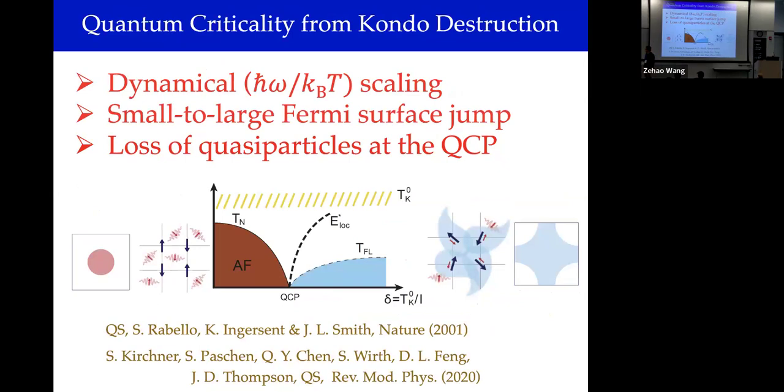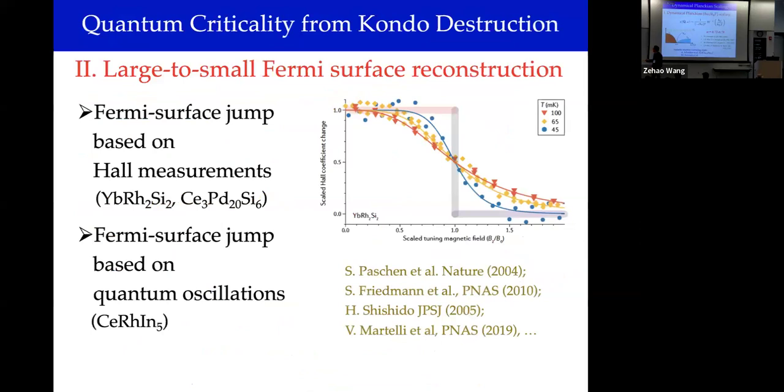In other words, as I said yesterday, if you have a Kondo singlet in the ground state, you have a large Fermi surface. But if the Kondo singlet is destroyed, the Fermi surface becomes small. So across the second order phase transition, there's a jump of the Fermi surface, which was considered a highly unusual prediction at the time.